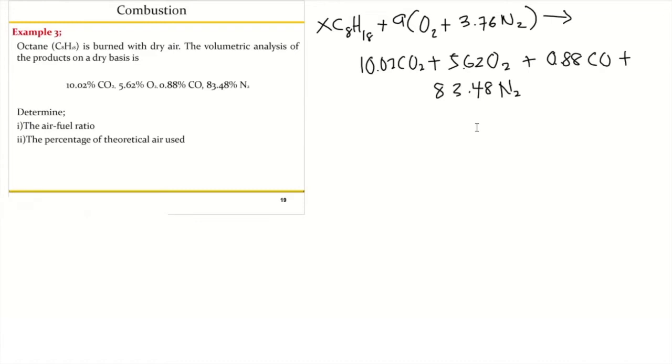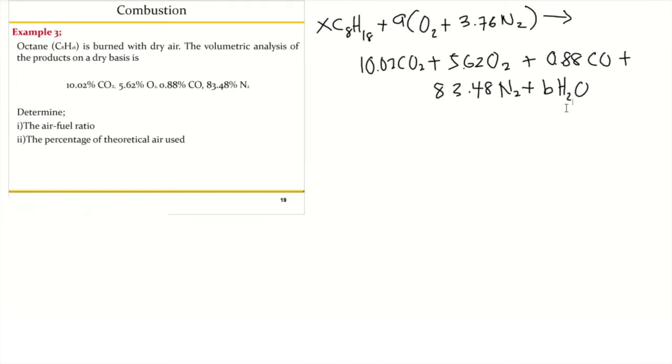What I mean is, since you have hydrogen in your fuel and you combine it with oxygen, you need to include a portion of water, H2O.